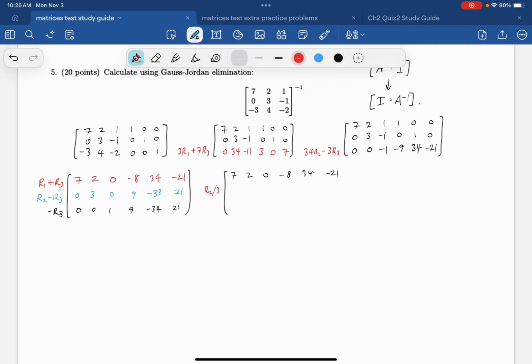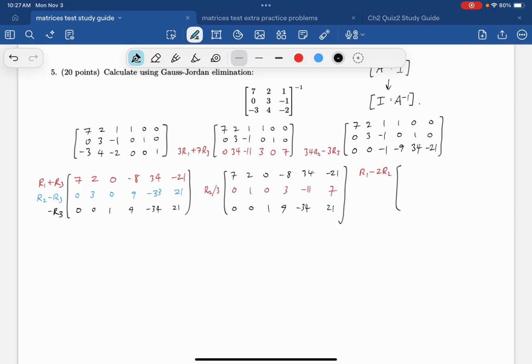And then 0, 1, 0, 3, negative 11, 7. 0, 0, 1, 9, negative 34, 21. And then I'm going to replace the top row by R1 minus 2R2. That'll cancel out that 2 on the top there.